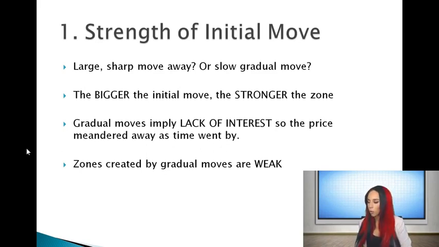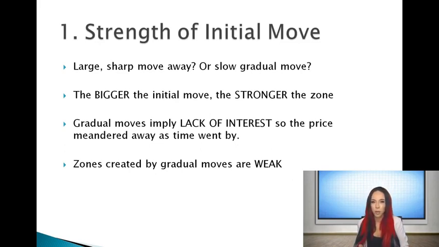Now, along with this initial strong move away, the price also needs to stay away from the zone for an extended period of time. If it comes back to the zone after just one move without any follow-through candles, meaning you don't have a second candle in the same direction, that means the zone is really not that strong, especially if the price returns to the zone immediately after the initial move away.